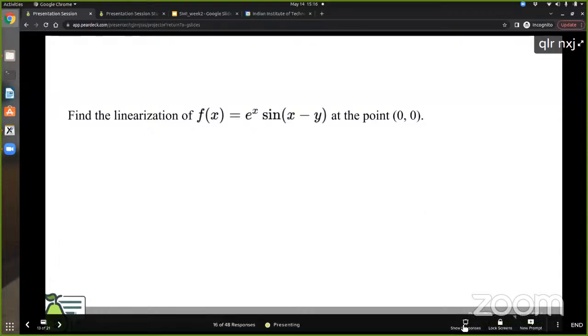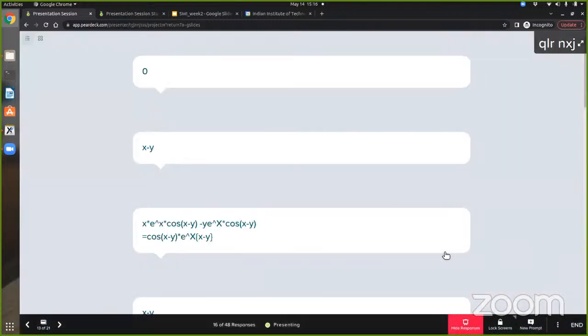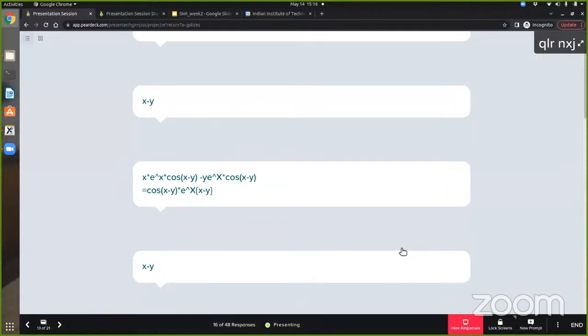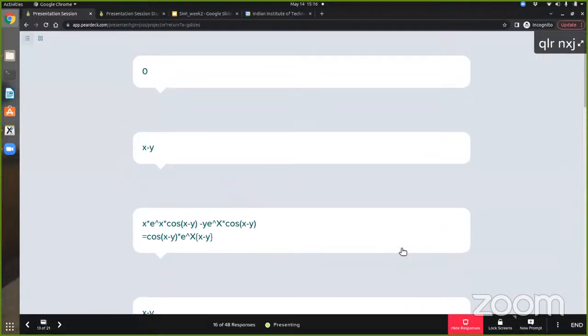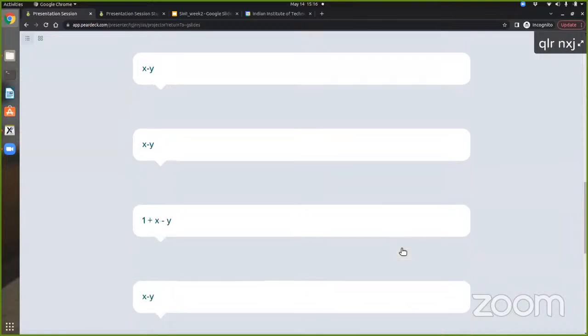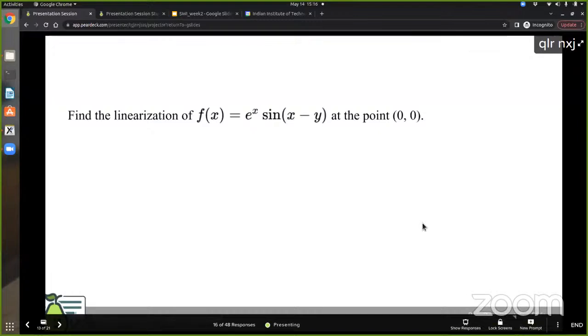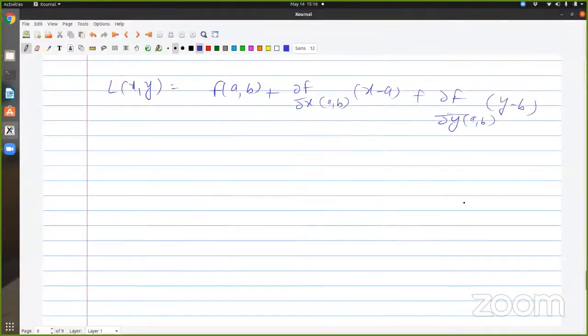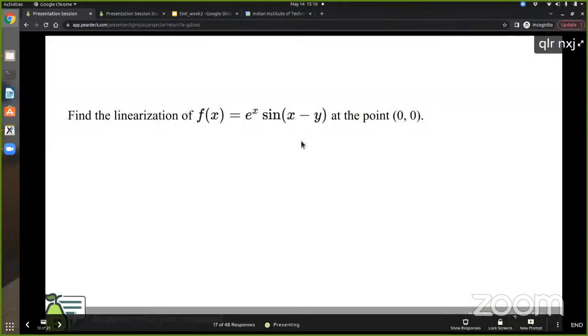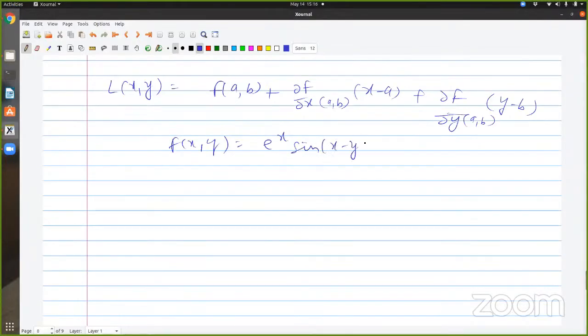Okay, very few people have entered the answer. Okay, let's see. f of x comma y is given to be e to the x sine of x minus y, and the point a comma b will be 0 comma 0.